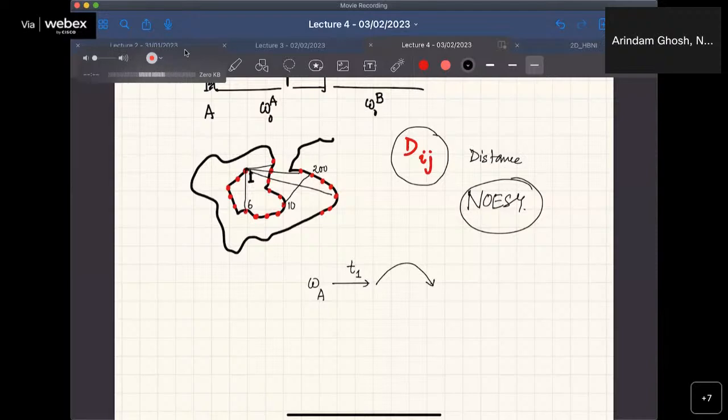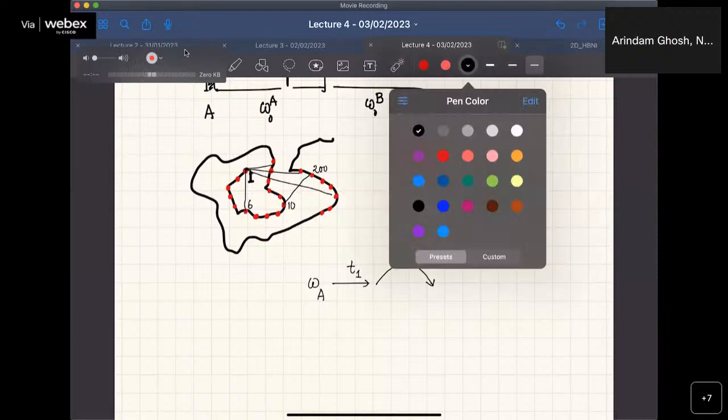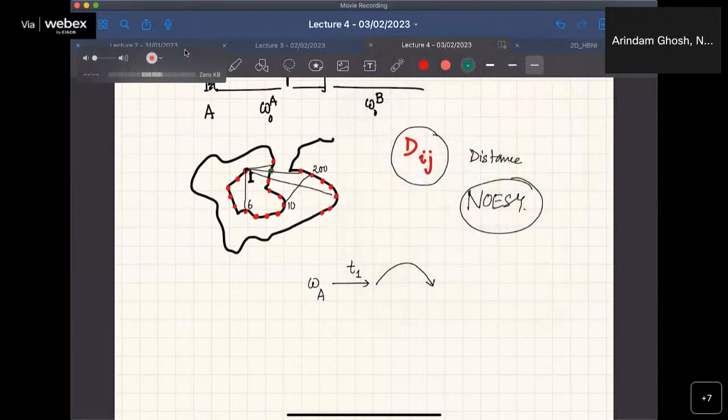If they are far apart, more than 5 angstrom, they do not interact. So only those spins which are within 5 angstrom in space, this transfer will happen. That means, suppose this one, let me give a slightly different color, this blue one and green one and this one, they are close in space.